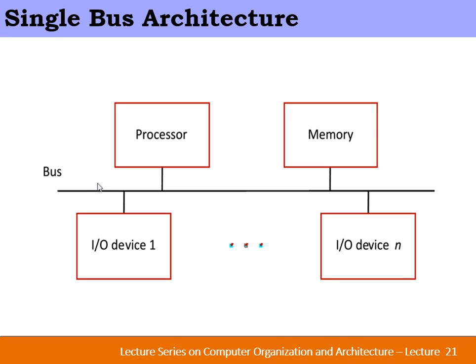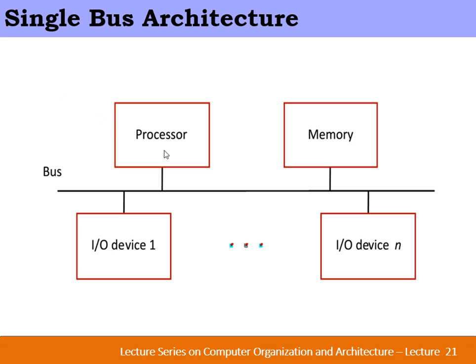So whenever we are using a single bus architecture, it is going to offer a low cost, and the complexity in connecting the devices is less. That is, it is going to offer flexibility for connecting the IO devices. In case of a multiple bus structure, the cost is going to increase.